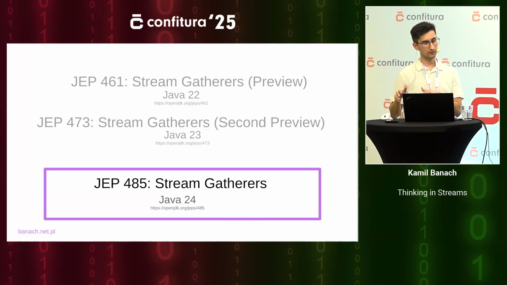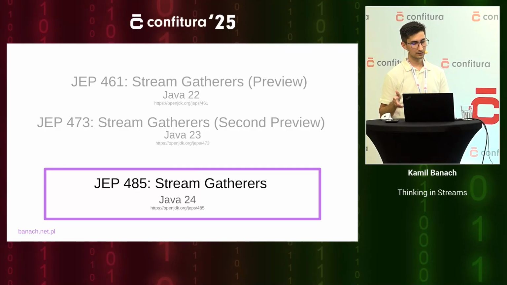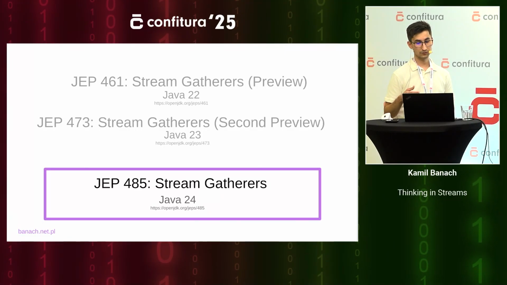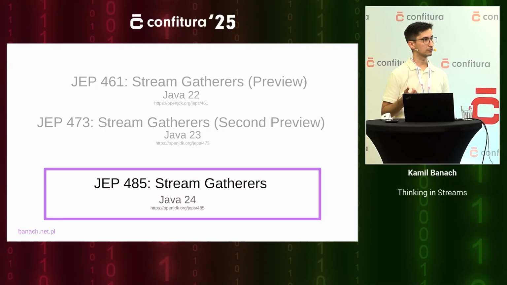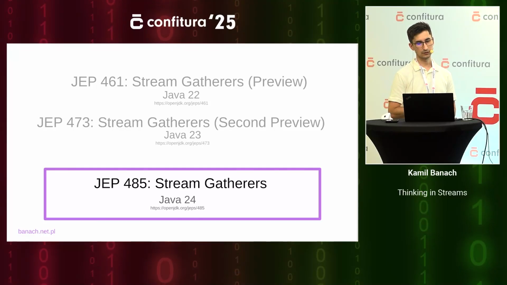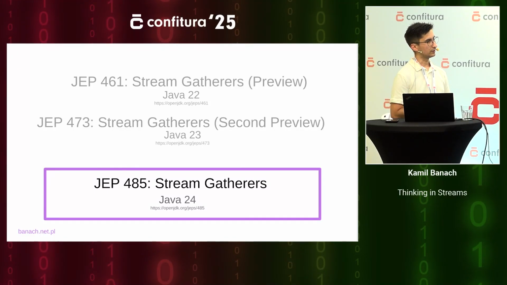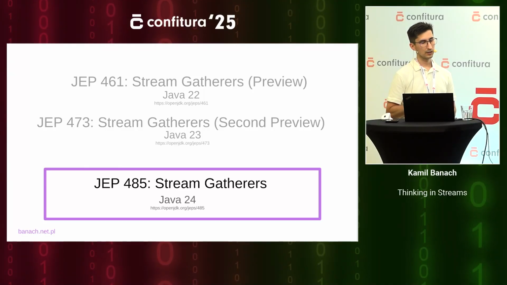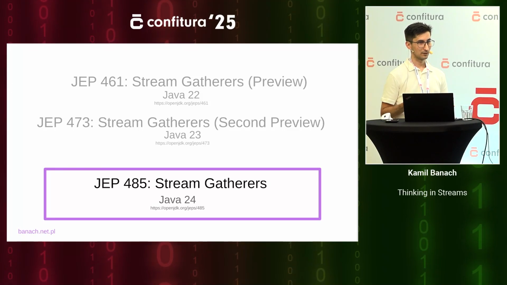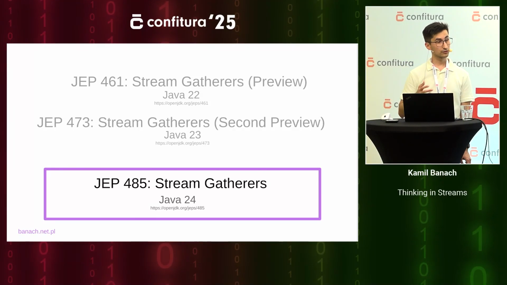Some parts of these issues, especially parallel streams, are solved by stream gatherers. With Java 24, and previously with Java 22 and 23, so preview in 22, second preview in 23, and general availability in 24, we have a new addition to the Java API after 11 years of having streams in Java: stream gatherers, which is important.